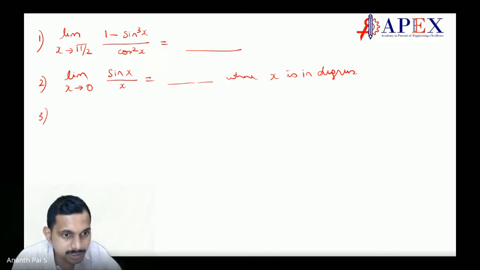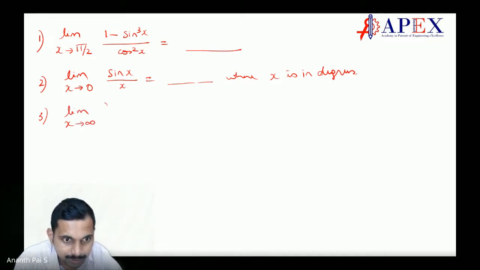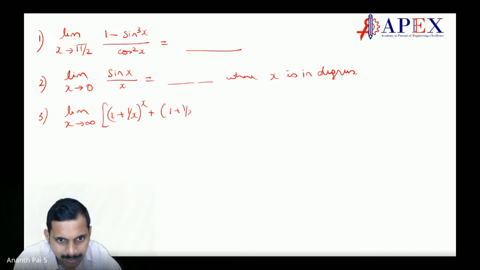Third one goes as limit x tending to infinity of 1 plus 1 by x raised to x plus 1 plus 1 by x raised to minus x is equal to what? Dash.